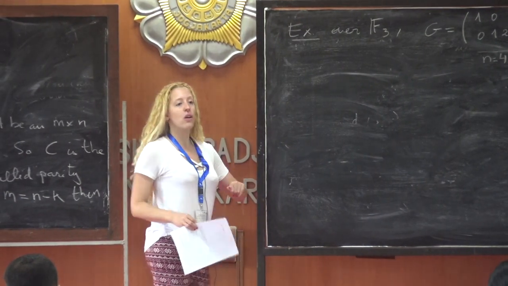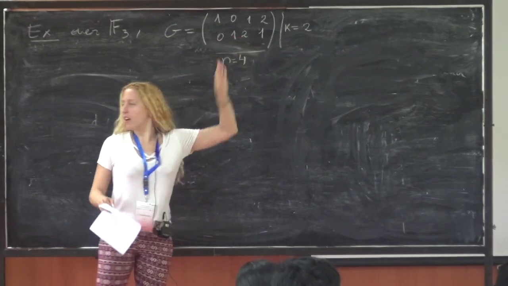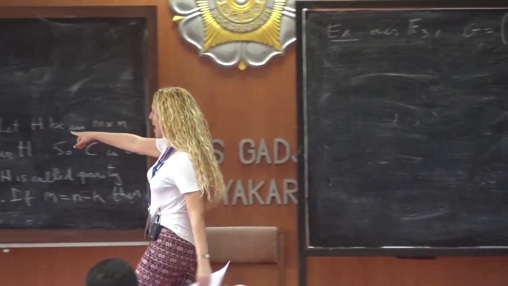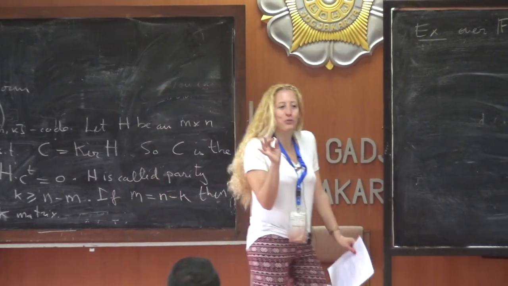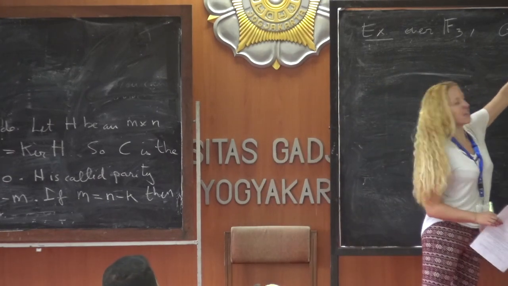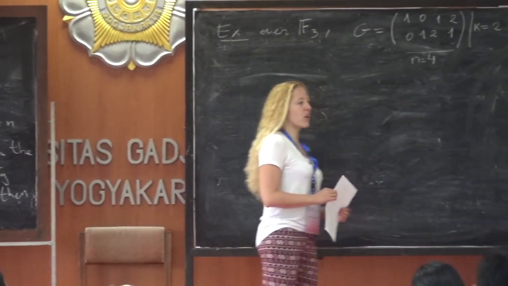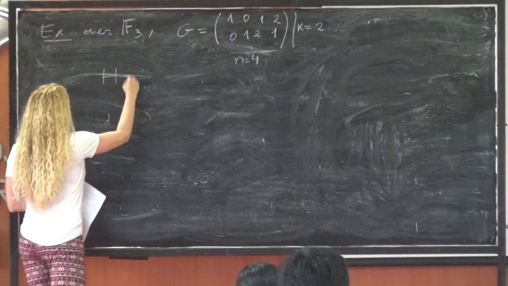Because what I want to do now is from this G, I want to construct an H. Okay? So this is linear algebra. This is supposed to be easy. But I'll show you that when the matrix is written in this form, it's especially easy. Okay? So we need to construct this H. How does it look like?